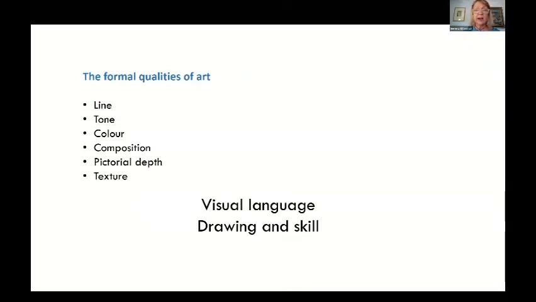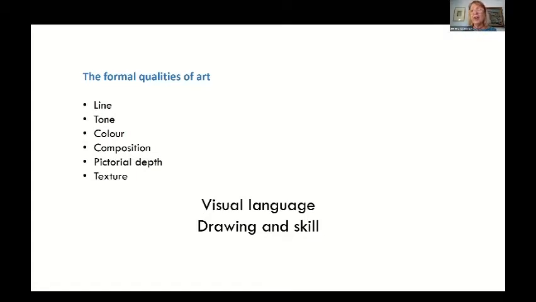Tone means darks and lights. Color. The composition, how things are laid out, the actual design of your work of art. Pictorial depth, which for architecture is so important because you're going to need to visualize your ideas and work out perspective. And texture. All those things make up what we call the formal qualities of art.